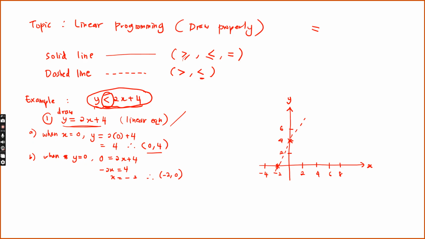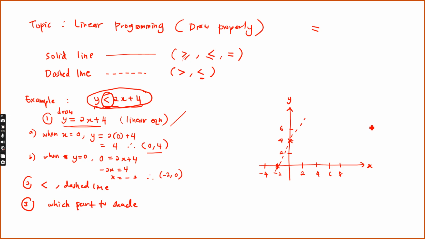So the second step is to identify what type of line it is. Since it is less than, we must use a dash line. The third step is, we want to know which part to shade, either this area or this area.